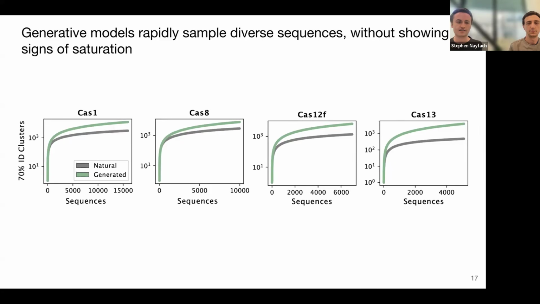So going along the x-axis is the number of sequences you might have sampled from nature or from a generative model. And you can see on the y the number of 70% identity clusters that can be formed from just those sequences. We'll also note the log scale here. But you can see that the generated sequences in green are significantly outpacing the rate of novel cluster formation compared to naturals. And they don't appear to be saturating either, meaning if we sampled for longer, we could get even more proteins from these families.